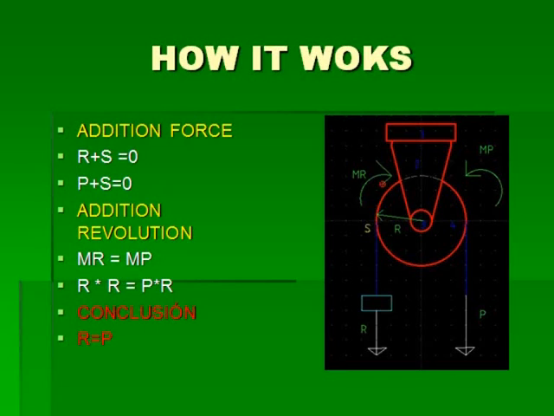And on the other hand, on the left, the multiplication between the power and the radius makes the wheel go to the right.